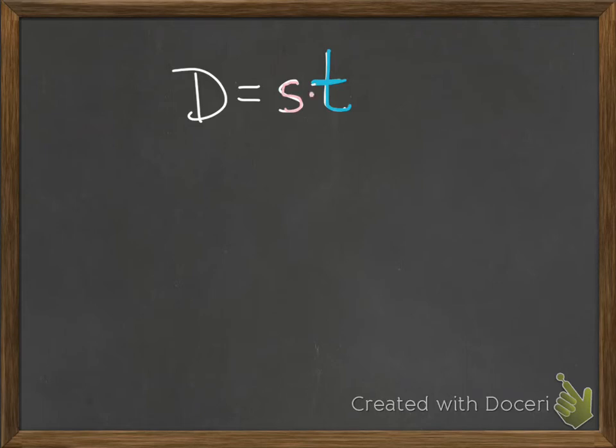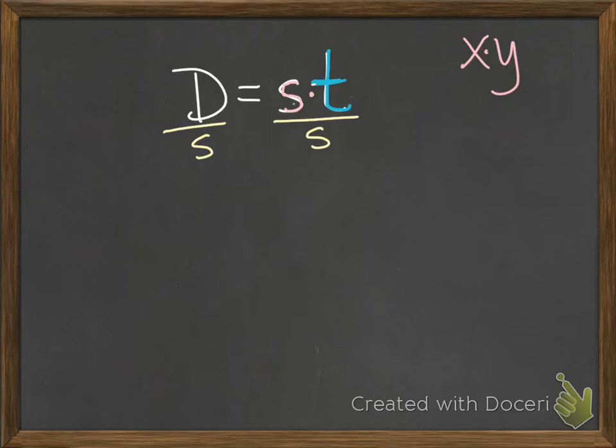If you have two letters right next to each other like x, y, this means that they're multiplied. So s times t is on this right side, d is on the other side. We want t by itself, so to get rid of multiplication, we do the opposite. To get rid of a multiply, we divide. But if we divide on one side, we have to divide on the other side too.